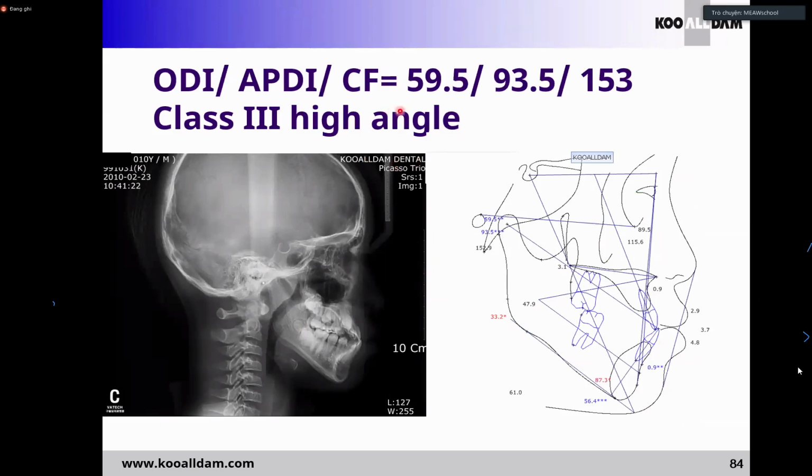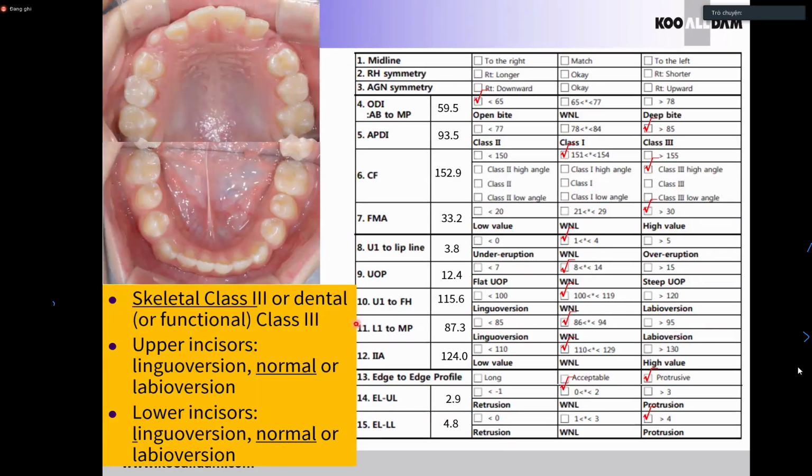And this time, ODI 59, APDI 93, class 3 high angle case. And also we can see the protrusive lip like this. APDI 93 means skeletal class 3 malocclusion.